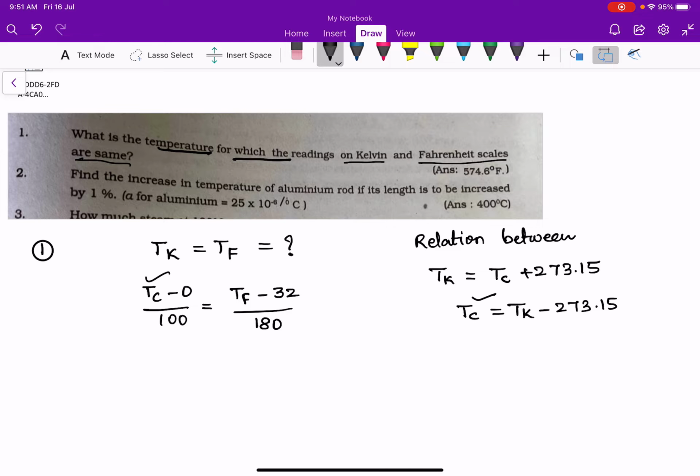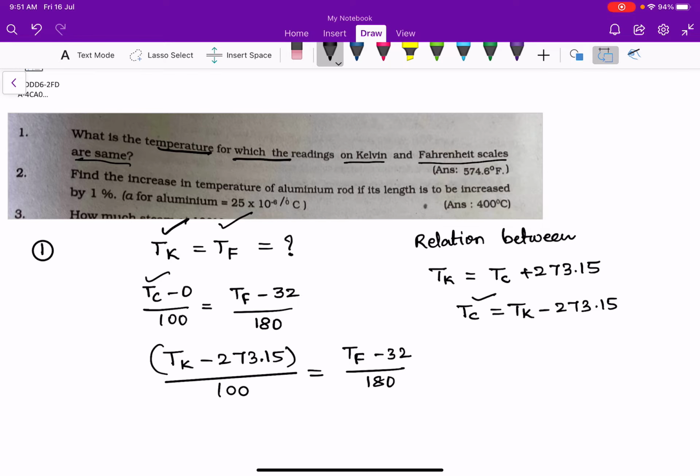So now wherever Tc is there, I am keeping Tk minus 273.15, divided by 100, is equal to (Tf minus 32) divided by 180. Here the condition given is Tk is equal to Tf, so wherever Tk is there, I am keeping Tf.